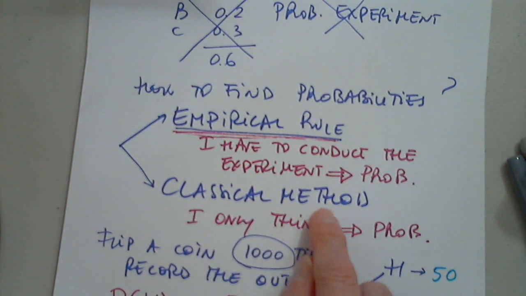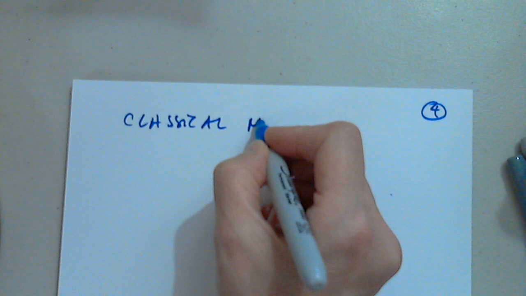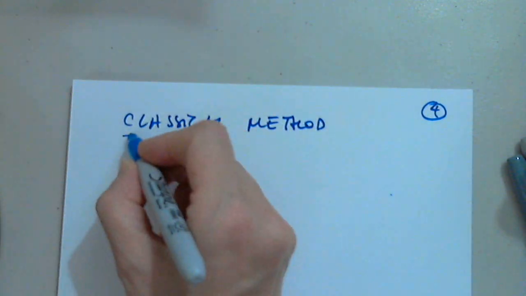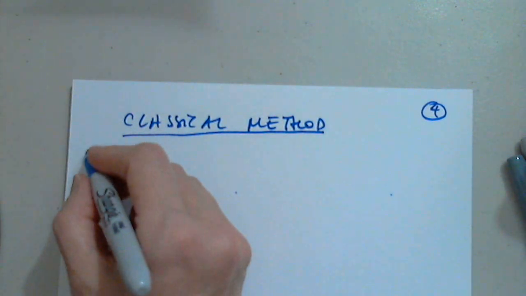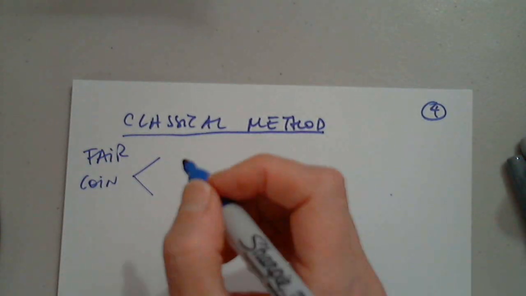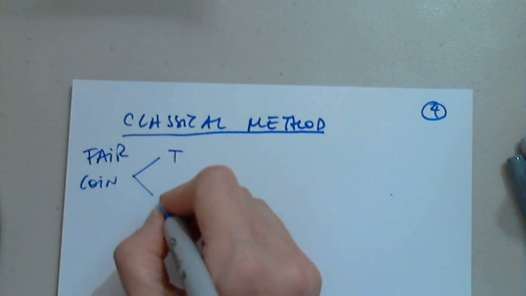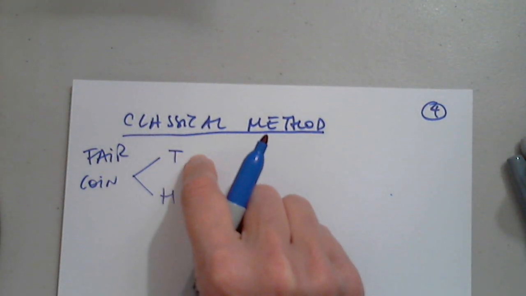Now, what will the classical method say for the same experiment? So I'm on page 4. Classical. The classical method says, I know that a fair coin will show tails and heads, and they both have the same chance of occurrence.